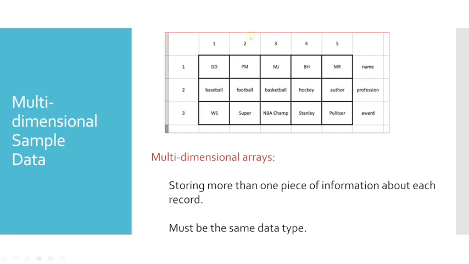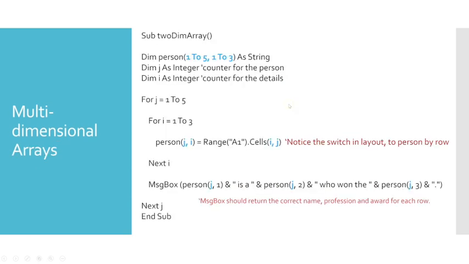You may want to output it in a different way. So notice what I'm doing here in a minute. The first thing I want to emphasize is that even though it's 2 dimensions, it still has to be the same data type to be in the same array. In this case, these are all string values, so we could put all of this, what's in heavy bold, into a single array. So let's look at some code.